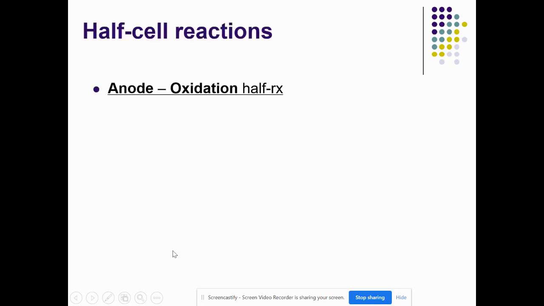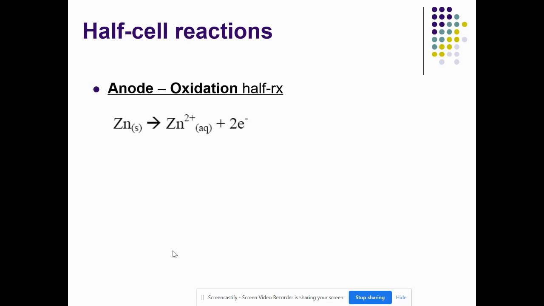All right, so anode, oxidation half reaction. With this one, we have solid zinc going to Zn2+ and 2 electrons. So this is the reaction that's happening at our anode, right? It's starting out with a solid zinc and it's losing mass.